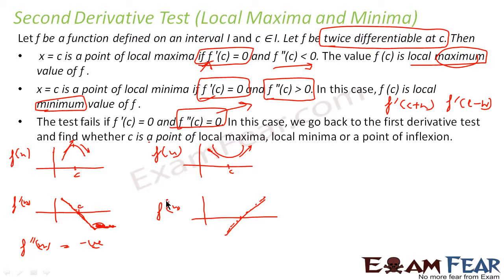So if my f dash x is like this, my f double dash x is nothing but the slope of this graph f dash x, and you see the slope of this is positive. So I can say that if my f double dash x is positive, it is minima, and if it is negative, it is maximum.